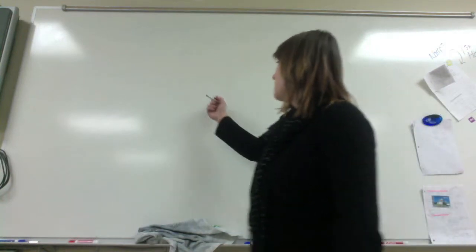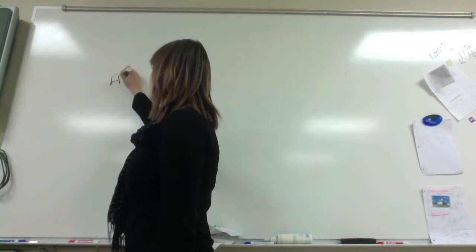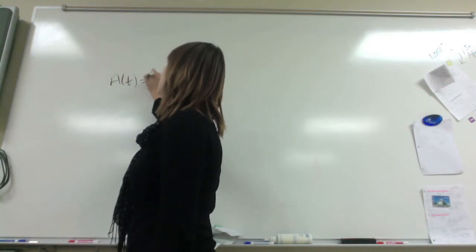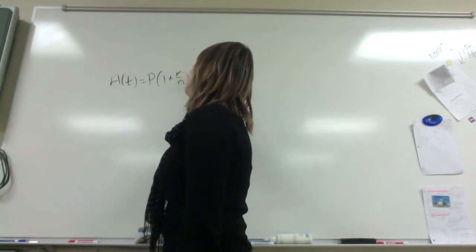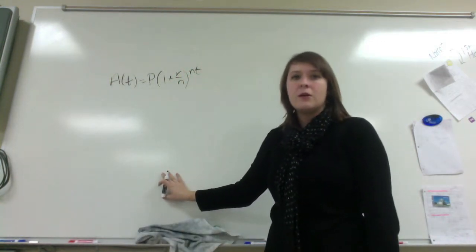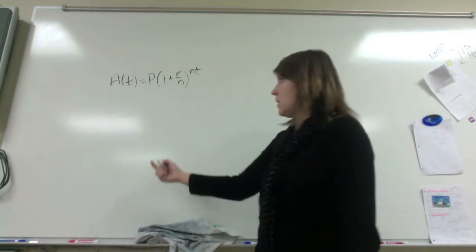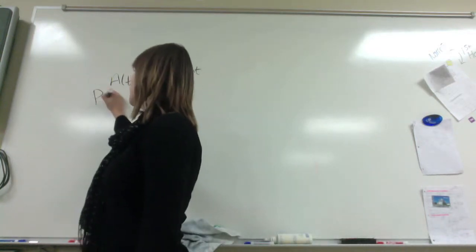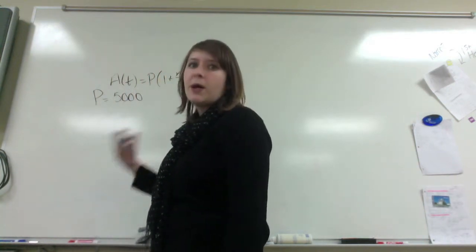So if I start with my plan that compounds daily, I know that means I'm going to be using this formula, okay? And if I just think about what my variables are here, I know that P, that's my principal investment. So in this case, that's going to be $5,000 because that's what I'm putting in.